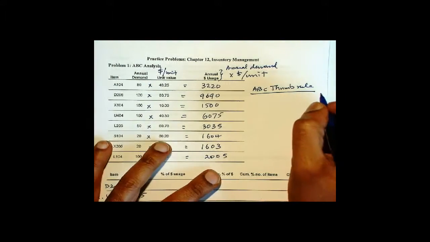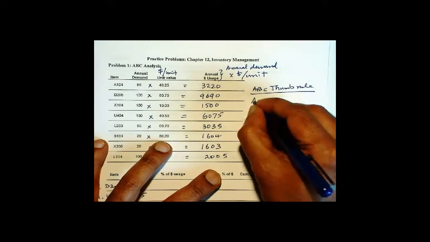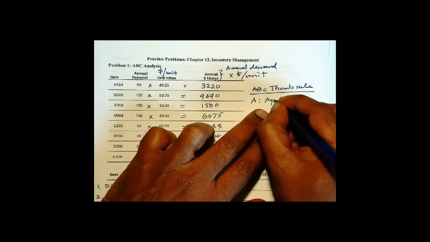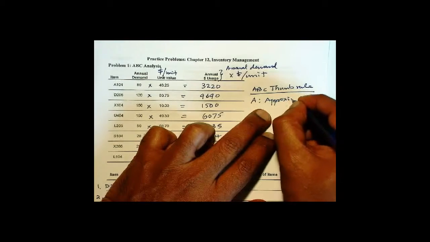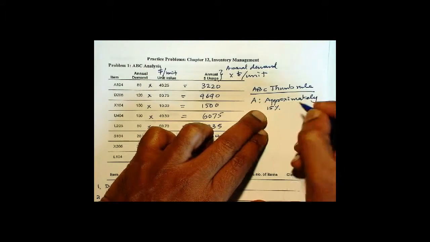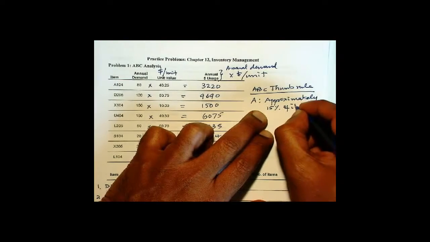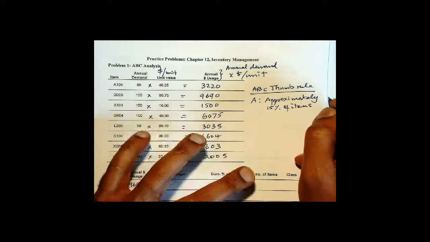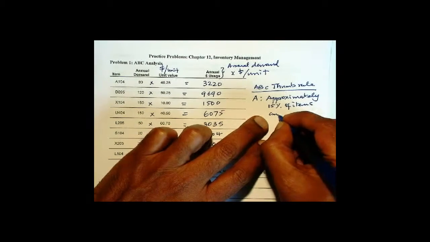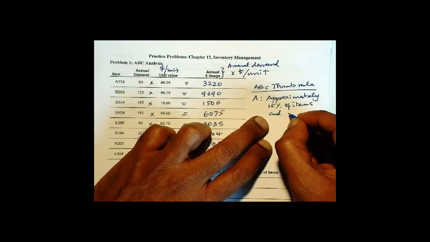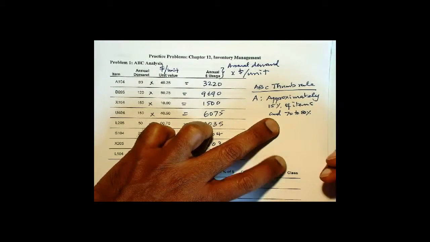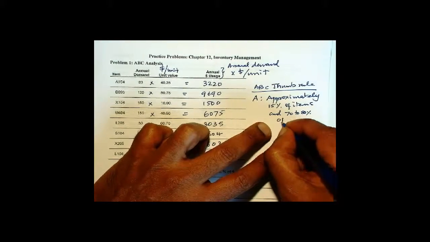Class A is approximately 15% of items and 70 to 80% of dollar volume.